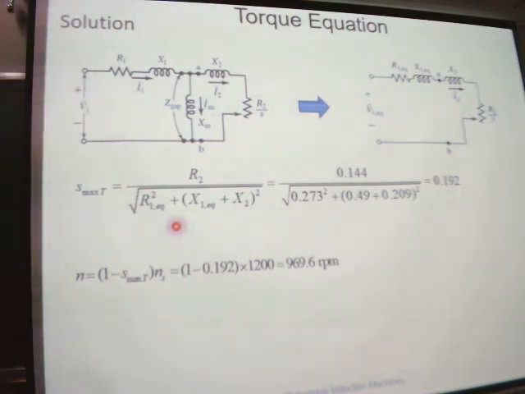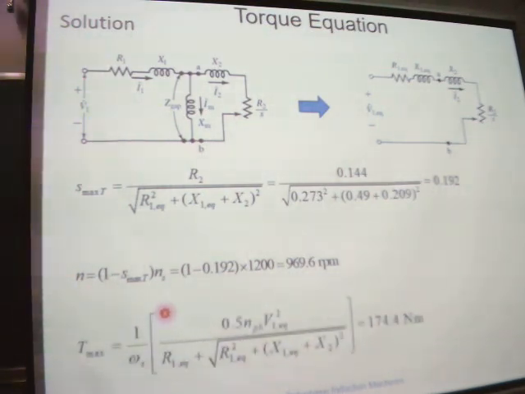And this time the speed is easy to calculate. And the maximum torque, using this equation, 6.33. Just plug in the values of the variables, and you can get the result, 175.